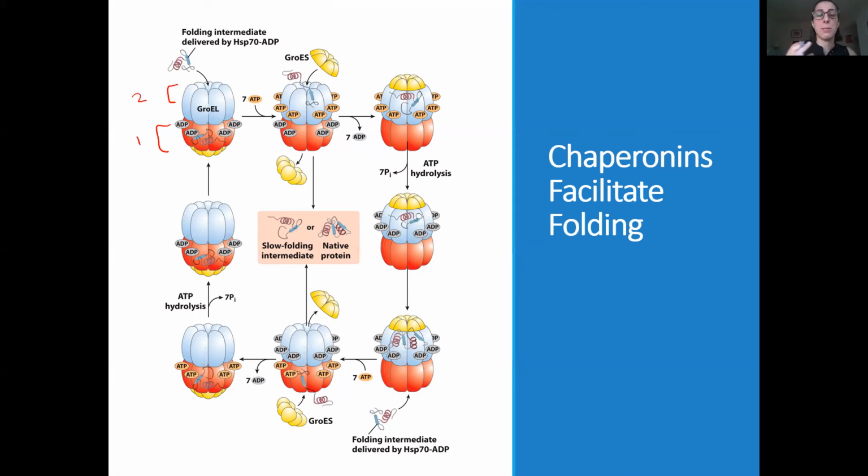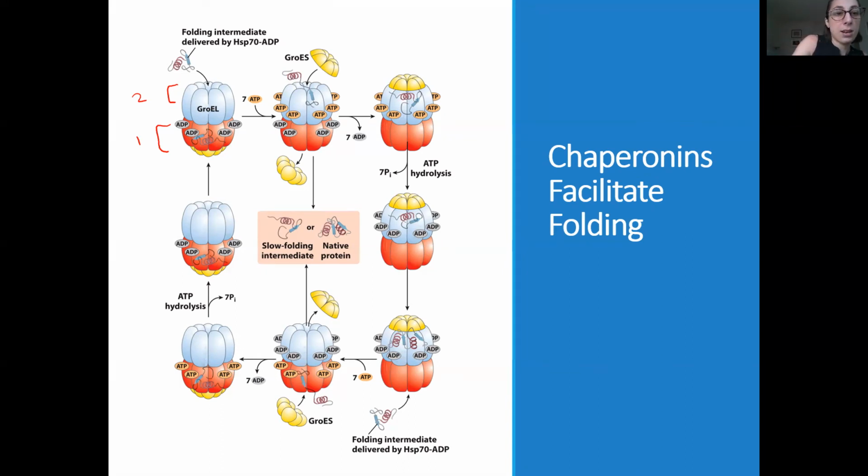And each of these complexes can take a protein and help to fold it into its native state if it is misfolded. But they do them interchangeably. So when the top portion is working and folding a protein, the bottom portion is regenerating, and then vice versa.